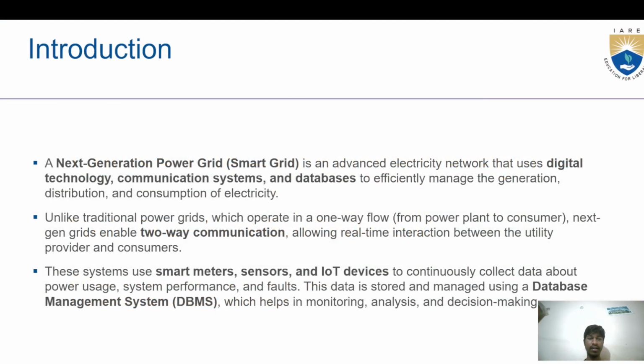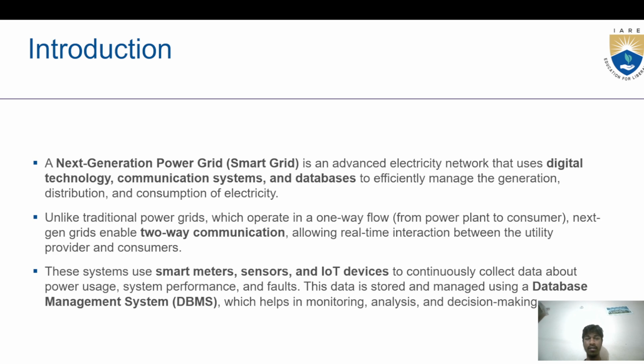Introduction: a next generation power grid or a smart grid is an advanced electricity network that uses digital technology, communication systems, and databases to efficiently manage the generation, the distribution, and the consumption of electricity.